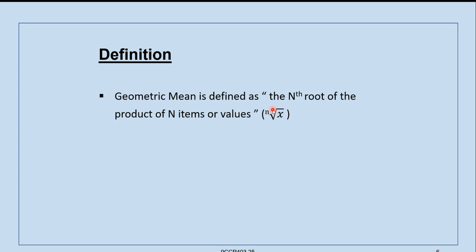That means cube root. We call it cube root because 3 is there. So the cube root of 729 is 9. So the answer is 9. This is how we calculate the geometric mean.